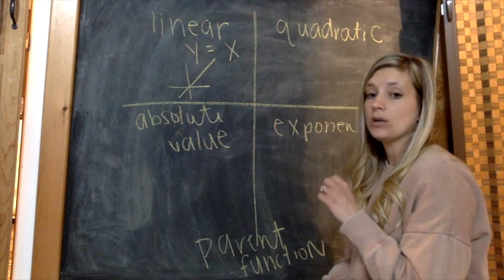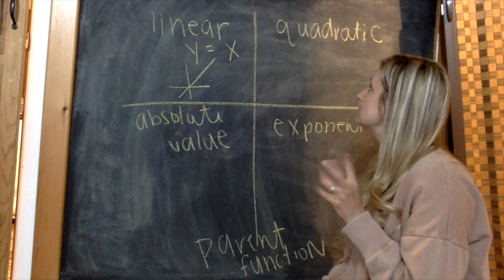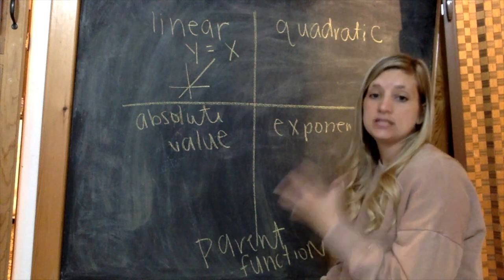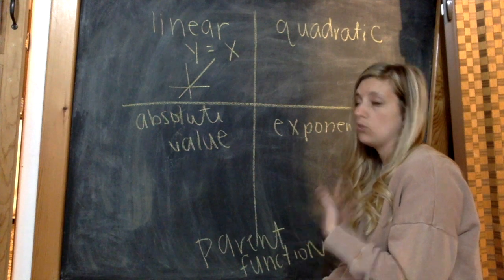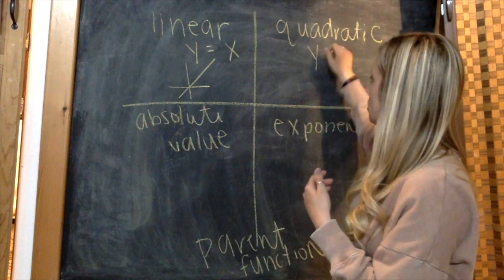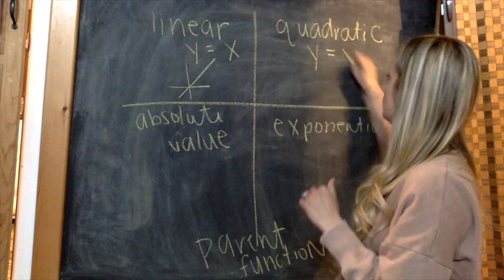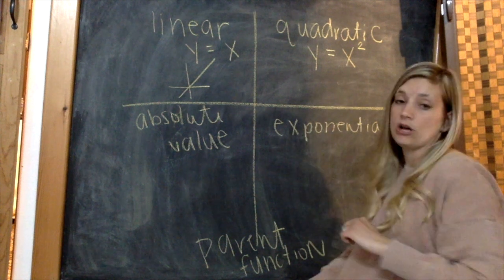The next one is a quadratic. What's something special that you see when it comes to quadratics? What instantly makes it a parabola? The squared. This is also on our graphic organizer.